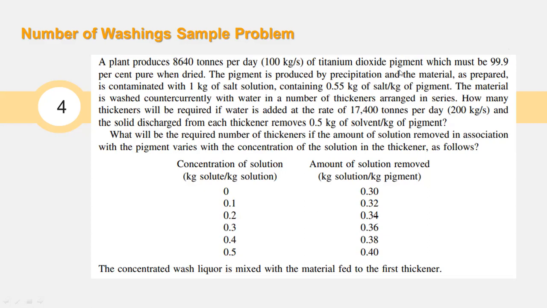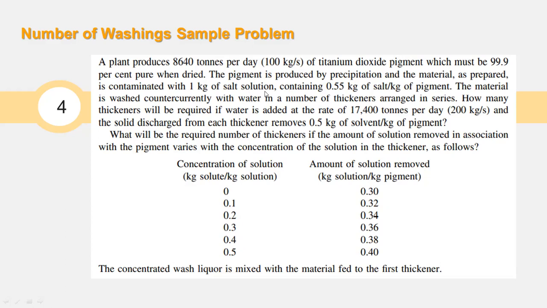So when this pigment is washed with water and dried later on, it will contain 99.9% titanium dioxide only. The pigment is produced by precipitation, and the material as prepared will have some degree of contamination, just like in any other process. And that contamination is in the form of this 1 kilogram of salt solution.